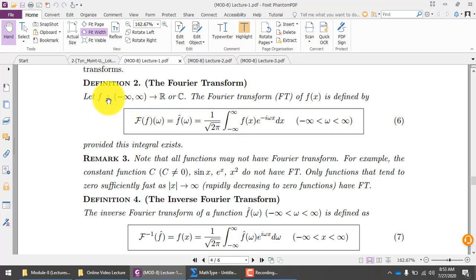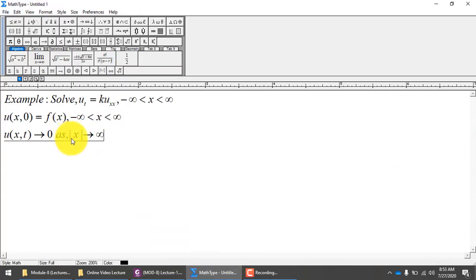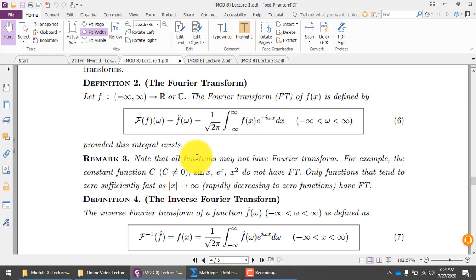The variable according to which you apply the Fourier transform, which is x, should belong to the real line. But generally our function will have two components. The component along which you apply the Fourier transform should belong to the complete real line.